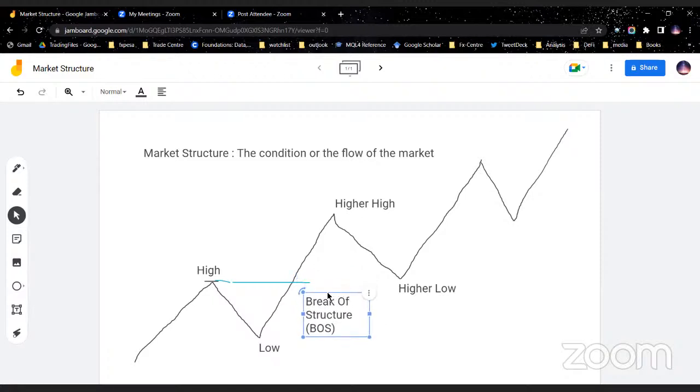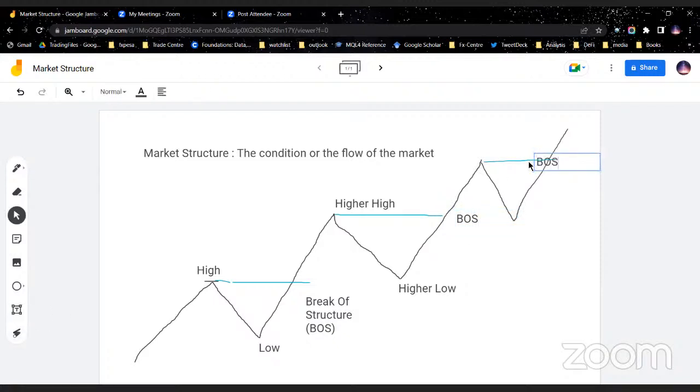Like that. So if prices form a high and then a low, and then they go past the previous high, we call that a break of structure. So in a normal or in a simplified market structure model, we have a series of BOSs going up at every stage like that.